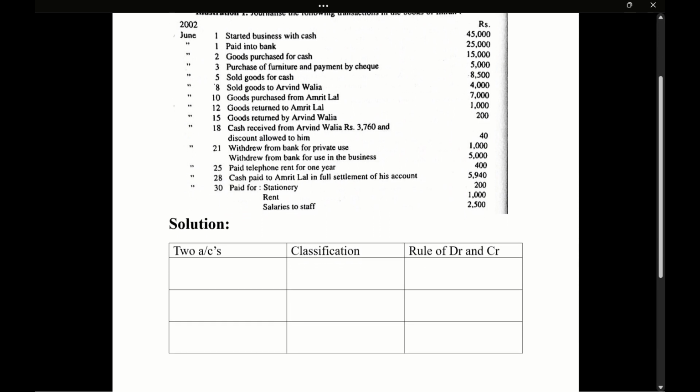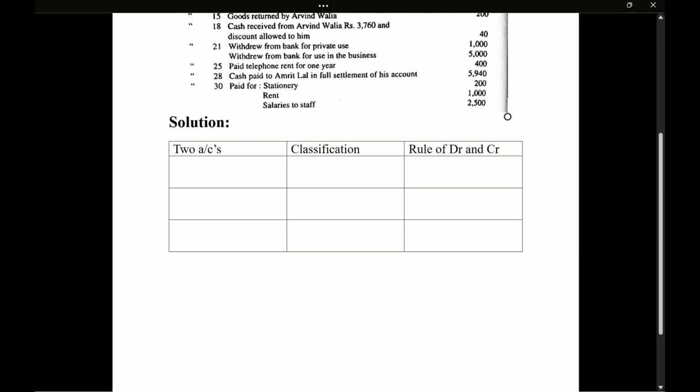First, we have started business with cash.